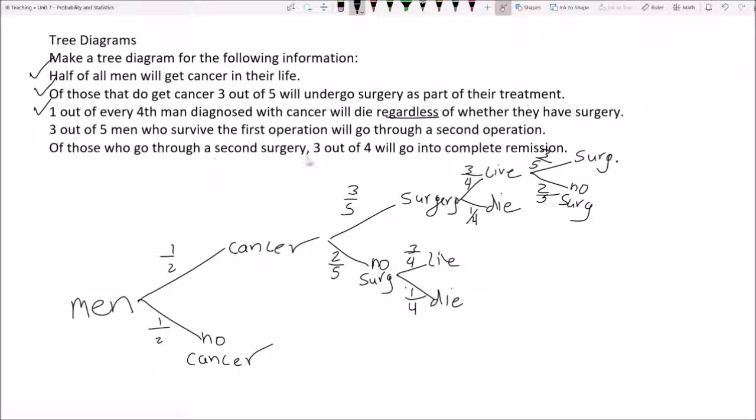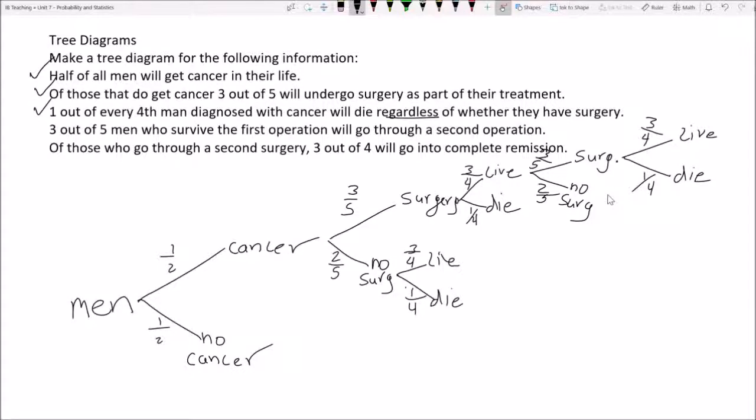And of those who go through a second surgery, 3 out of 4 will go into complete remission. So guys, I'm going to be consistent here. So remission, I'm going to call that they will continue to live, and then they will not survive is the other option. Okay, so 3 out of 4 will experience complete remission, and that means 1 out of 4 will not.